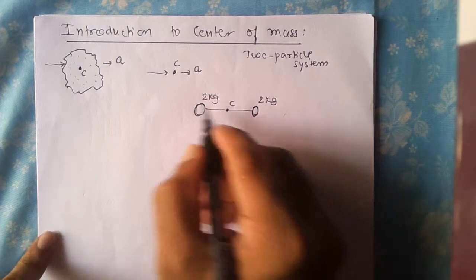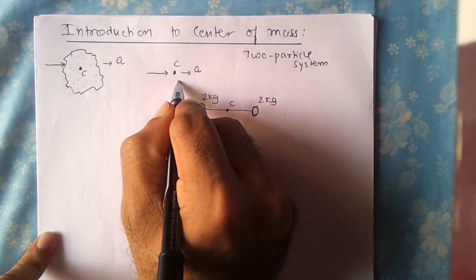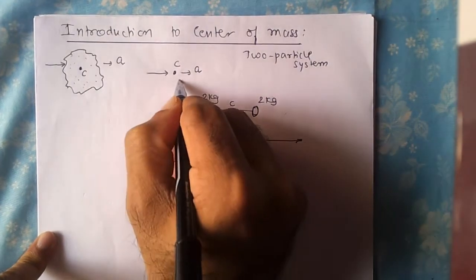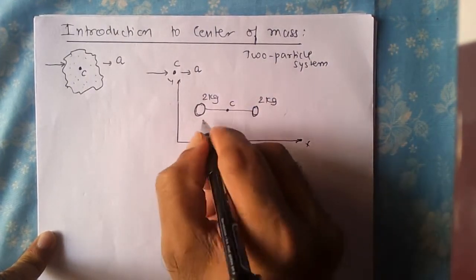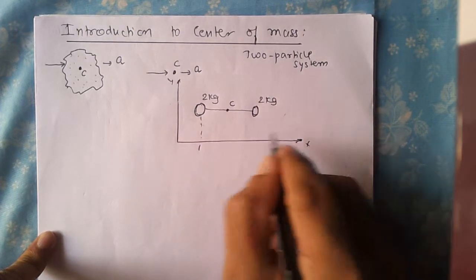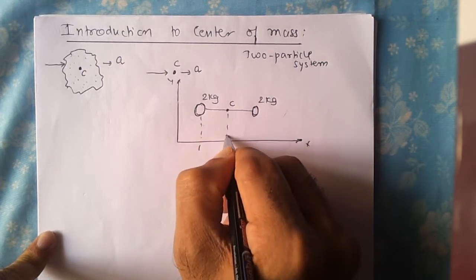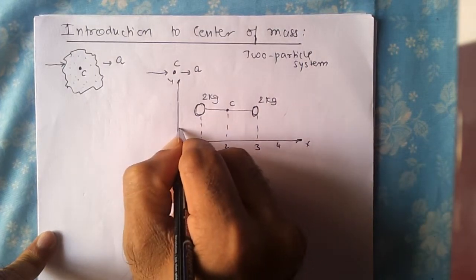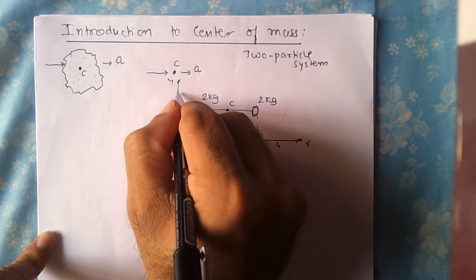So what I'll do is put this two-particle system on a coordinate axis, let us say y and x, and let us say this is 1 centimeter, with distances in centimeters, 2 and 3 and 4, and similarly over here 1, 2 and 3.